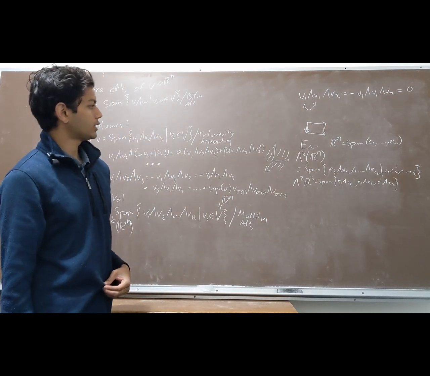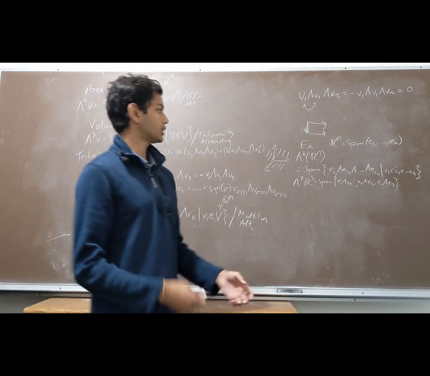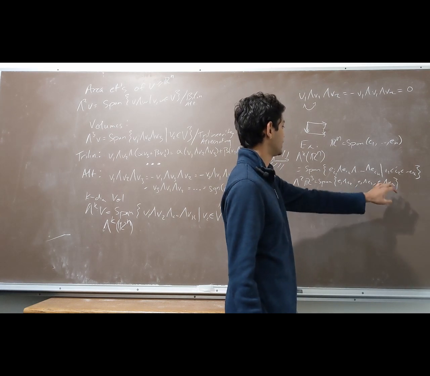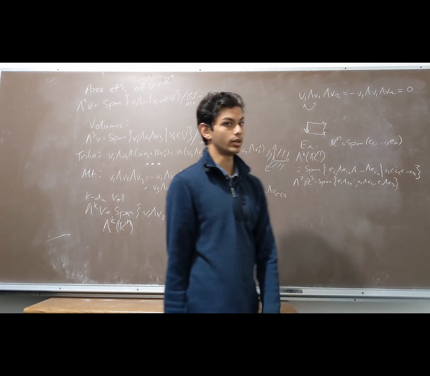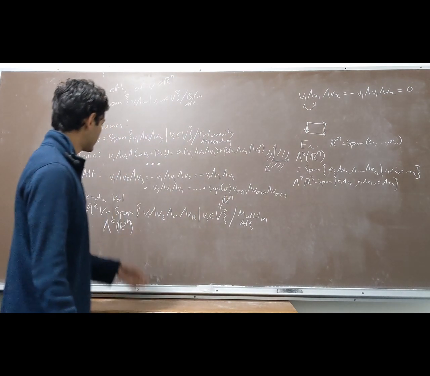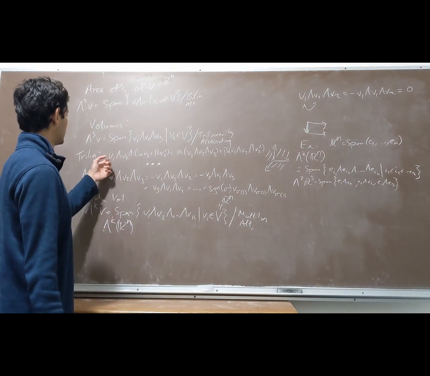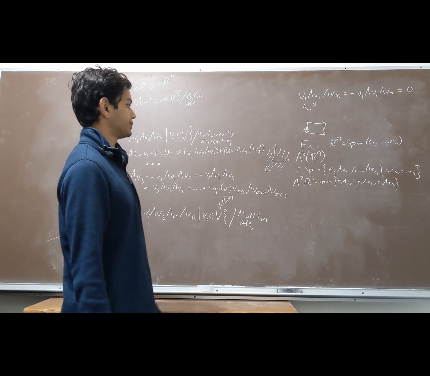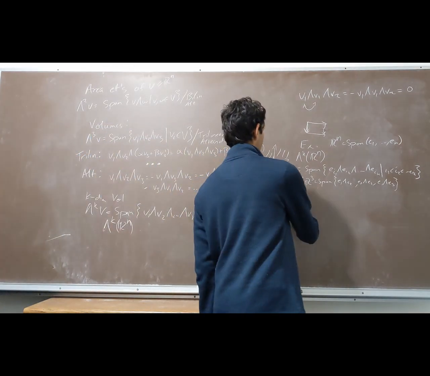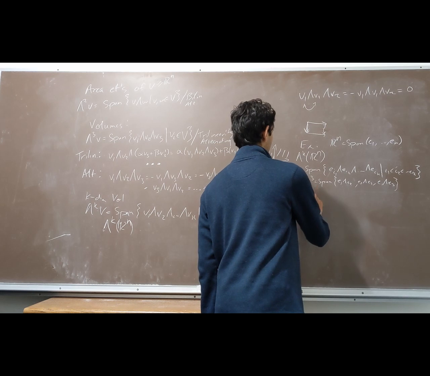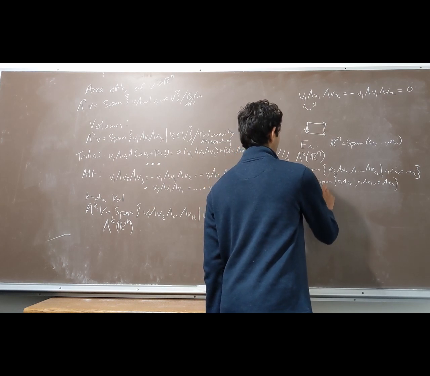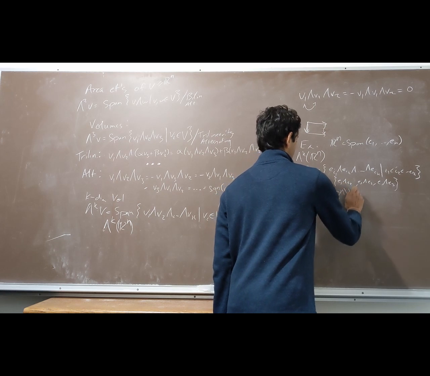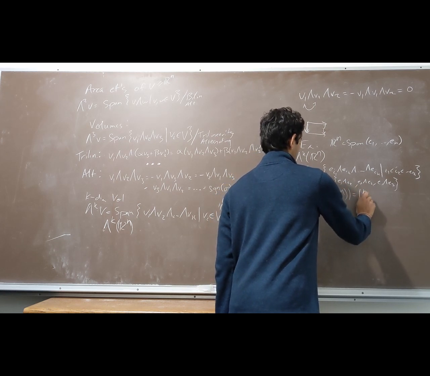And the increasing property says that the indices here should be increasing. So I have 1, 2, 2, 3, and 1, 3, as opposed to, say, 3, 1. The reason for that is to remove the redundancy that's given to you by the alternating property. And based on this, you should verify that the dimension as an R vector space of lambda k R^n is equal to n choose k.